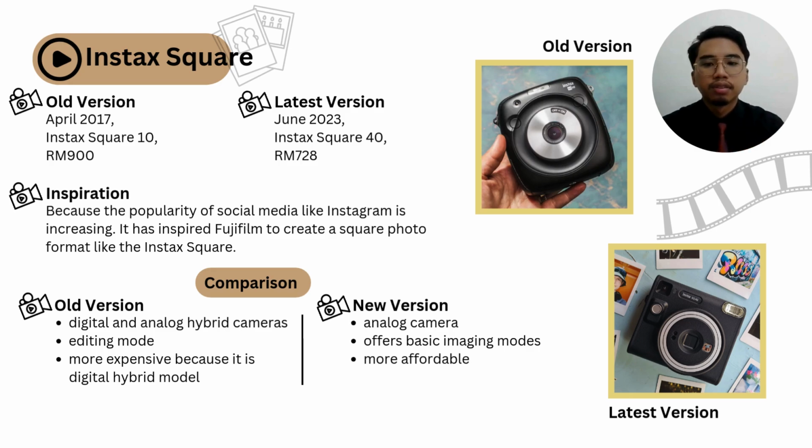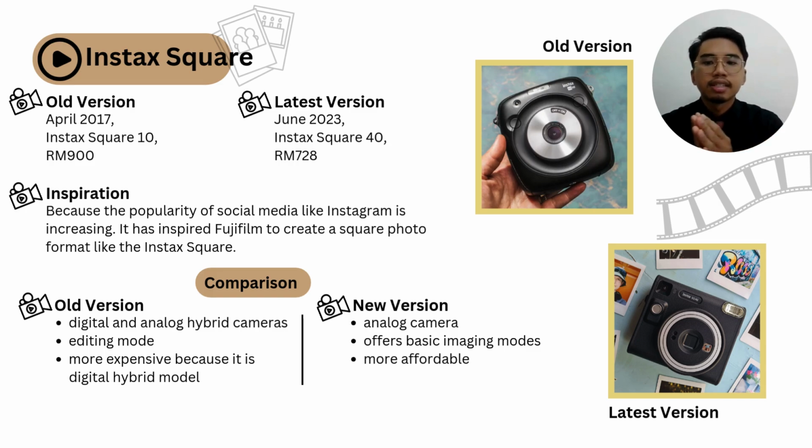So we can go to the comparison between the old version and the new version. If you can see, the old version is a digital and analog hybrid camera, but the new version is an analog camera. And next, the old version has an editing mode, and the new version offers basic imaging modes.